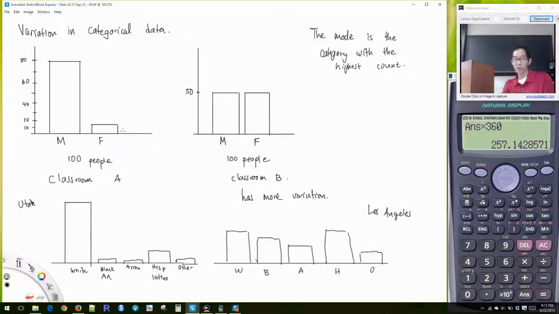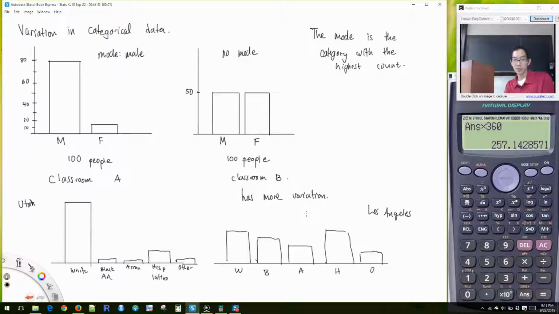So in classroom A, males would be the mode. Classroom B, there would be no mode. So over here we have no mode, and here the mode is male. Utah, mode would be white.